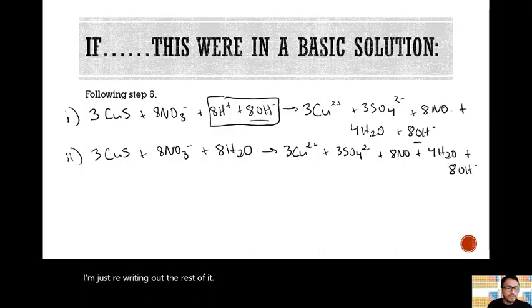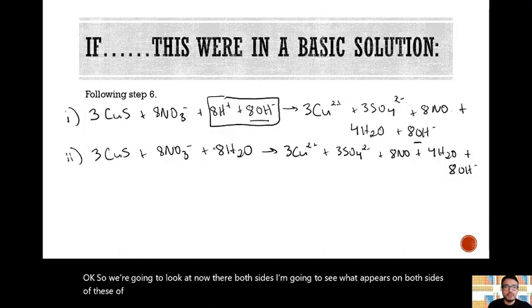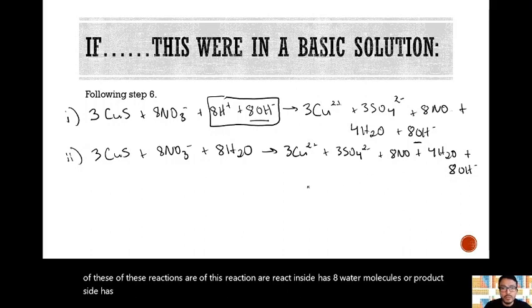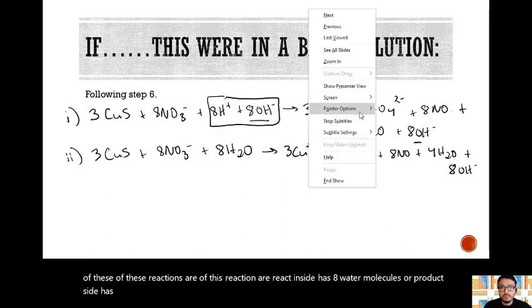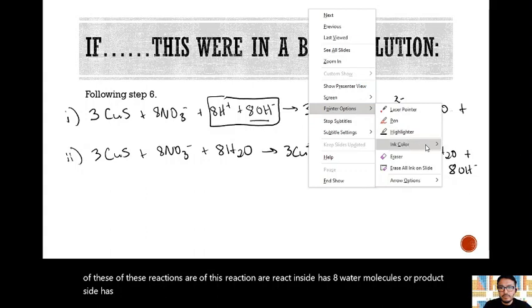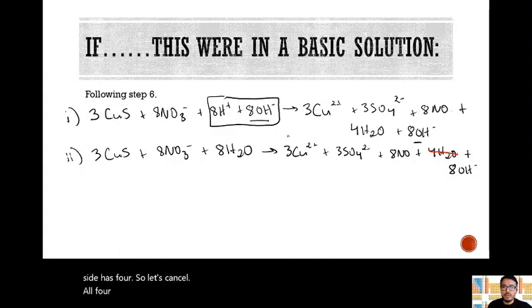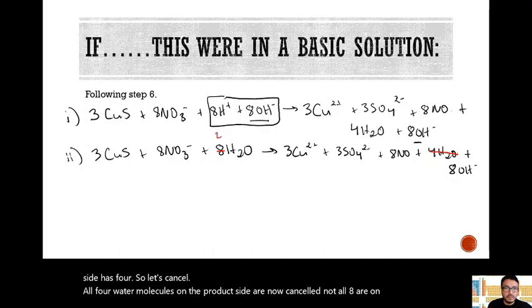Okay. So we're going to look at now both sides, and we're going to see what appears on both sides of this reaction. Our reactant side has 8 water molecules, our product side has 4. So let's cancel. All 4 water molecules on the product side are now cancelled. Not all 8 are on our reactant side. The 8 becomes a 4.